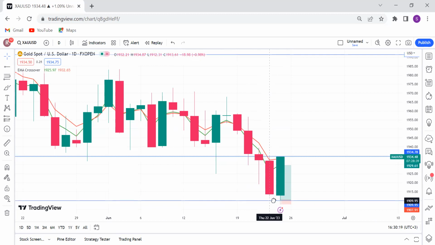Let me take this up a bit. You can see the market really respected that zone, just hit and reversed immediately. So as the reversal began, I definitely knew there was going to be a short-term buy today. And since today is the last day of the week, the market would want to make the weekly low.